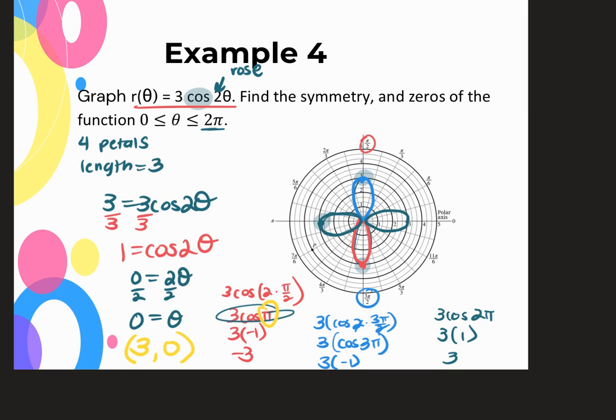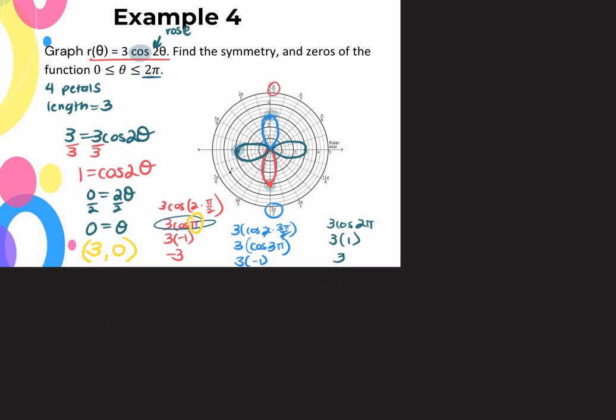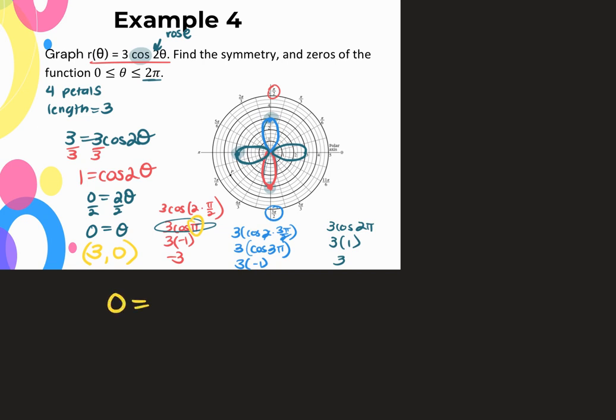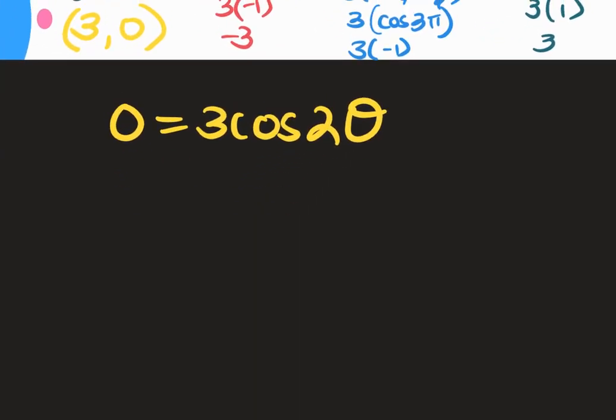You're welcome. Okay, now this also says find the zeros of a function. How do you find the zeros of a function? Not plug in, set equal. So I would say 0 equals 3 cosine 2 theta. How do I solve it? Divide by 3. 0 divided by 3 is 0. Where is cosine 0?